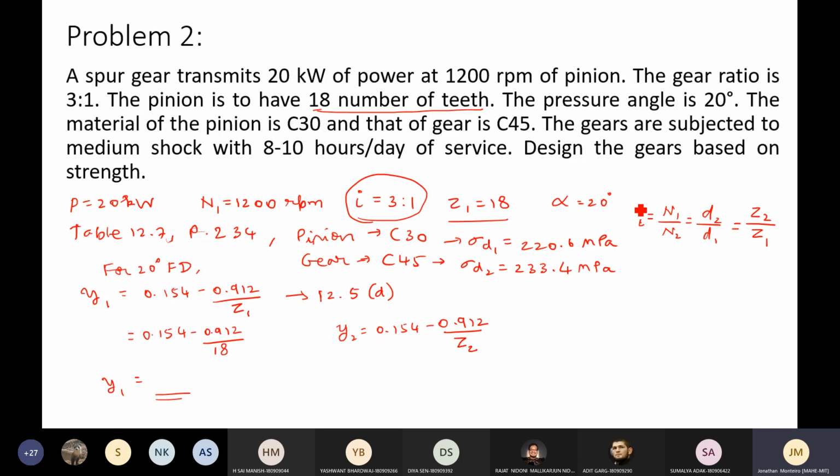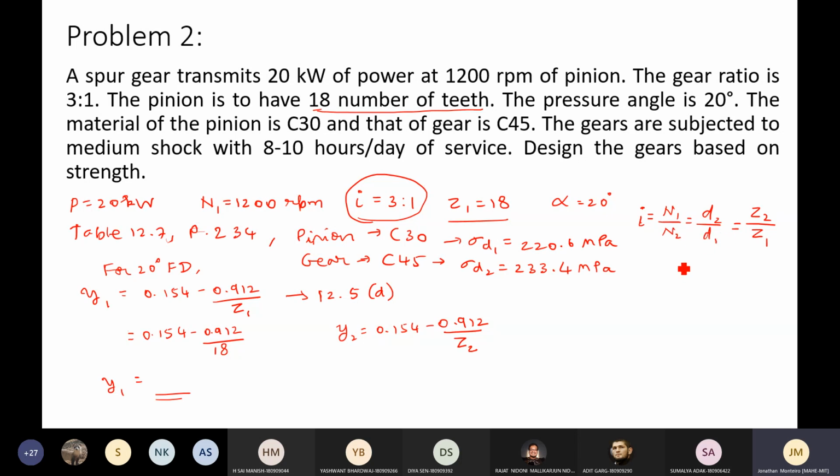For example, spur gear, helical gear, bevel gear. Only such types of gears. There are some other gears where this equation will not hold true. We'll discuss that when we solve problems on such gears. So I equal to N1 by N2 equals D2 by D1 equals Z2 by Z1. As long as spur, helical and bevel are concerned, you can directly take them, no issues.